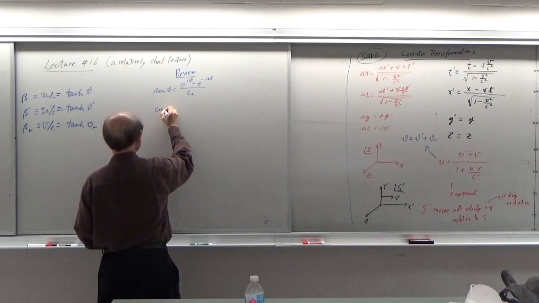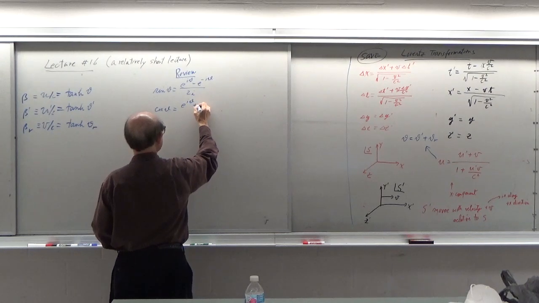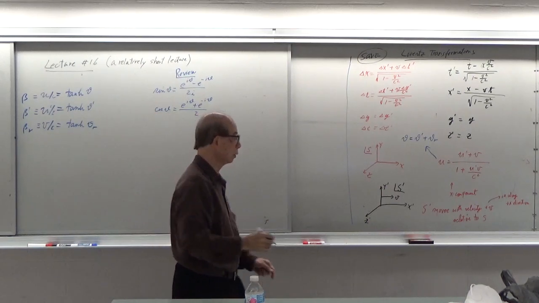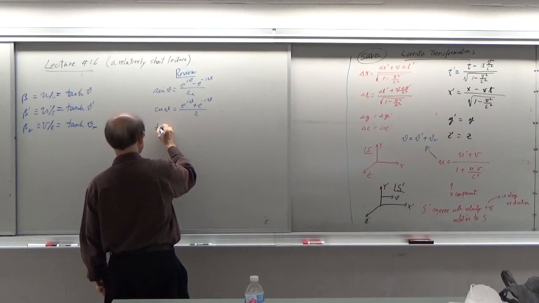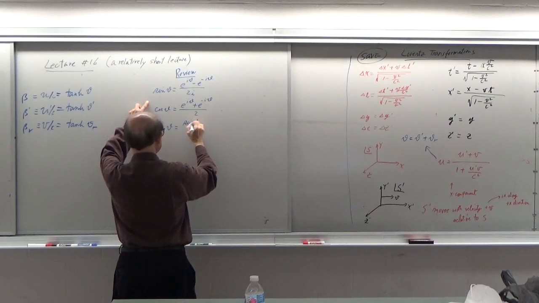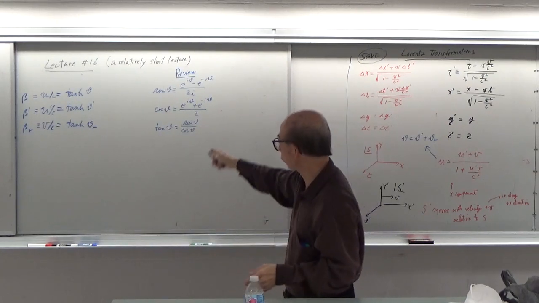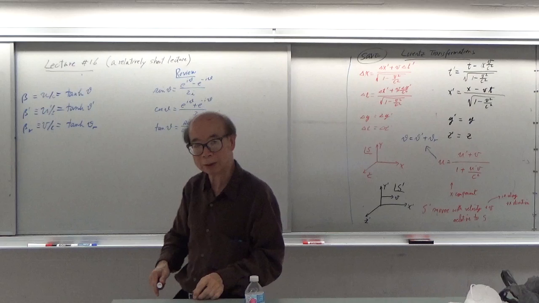Cosine theta is equal to e to the i theta plus e to the minus i theta divided by 2. And of course, tangent theta is just the ratio of sine theta and cosine theta. So these are the trigonometric functions, the sine, cosine, and tangent.